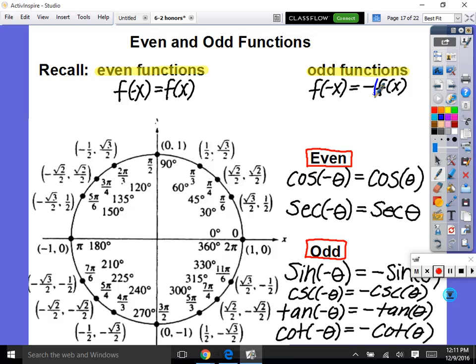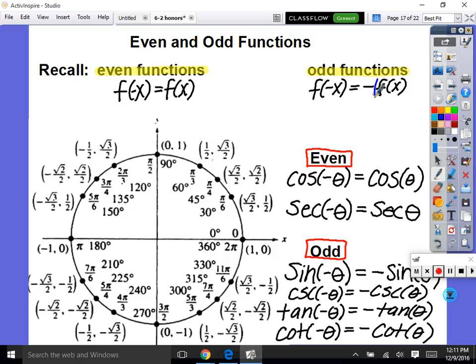So the even trig function is cosine. Cosine is even, and secant is the reciprocal, so if cosine's even, then secant is even. The odd functions will be sine, and cosecant because the reciprocal is sine. If sine's odd, the reciprocal is odd. And tangent is odd as well, and I'm going to show you why that is.